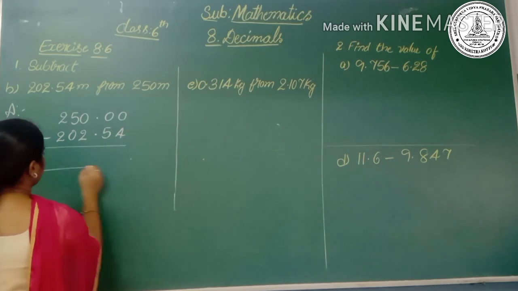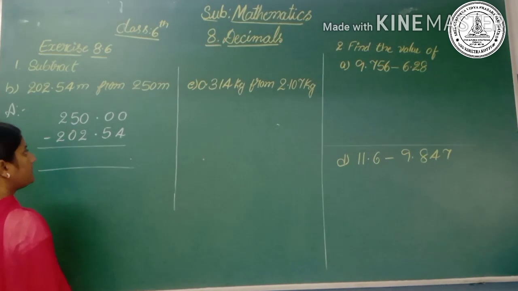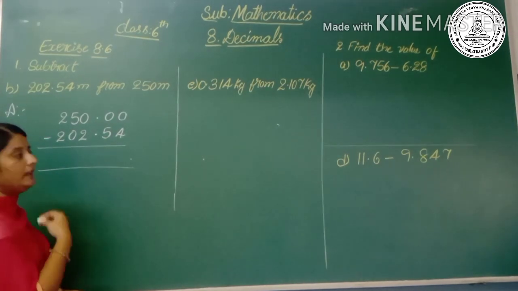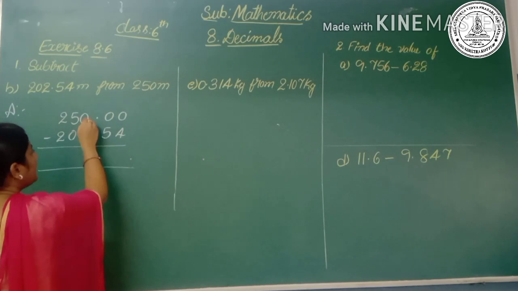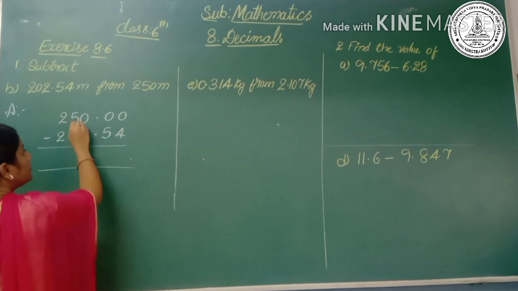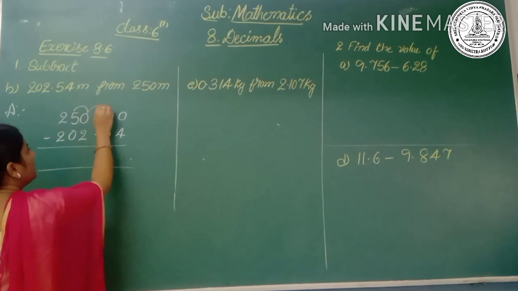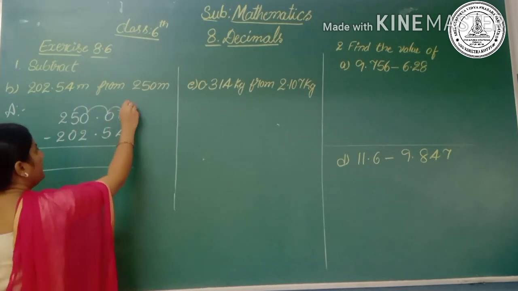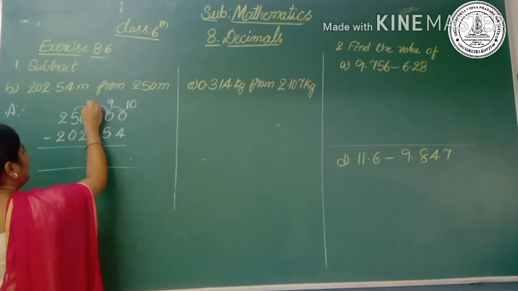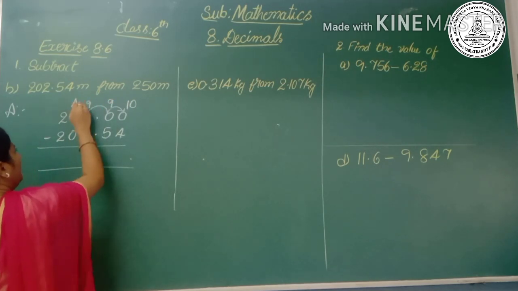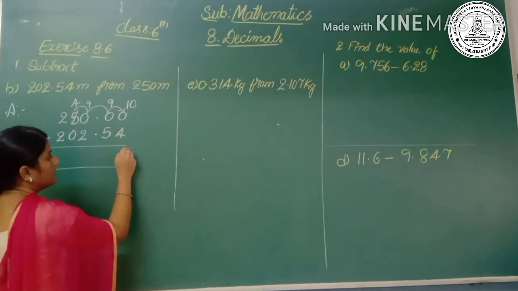Then subtract here. 0 minus 4, we cannot subtract, so take a borrow from the next place. The next place is also 0 and the ones place is also 0, so we have to take from the tens place, right? So we take from here to here. Here it will become 10. After giving that it becomes 9, and 5 becomes 4. 10 minus 4 is 6.